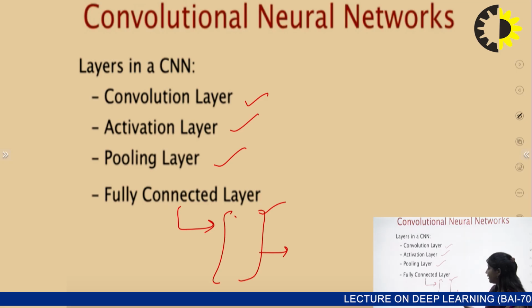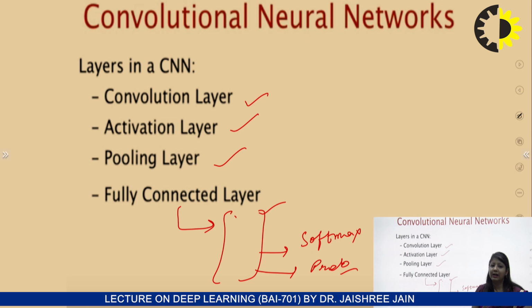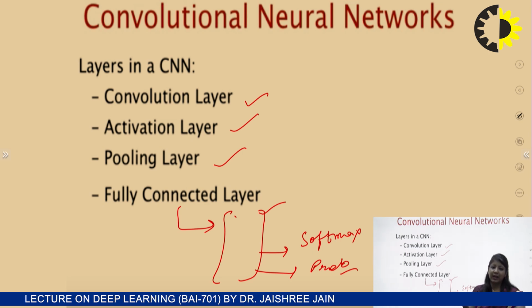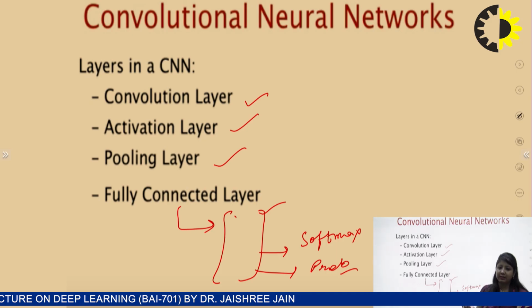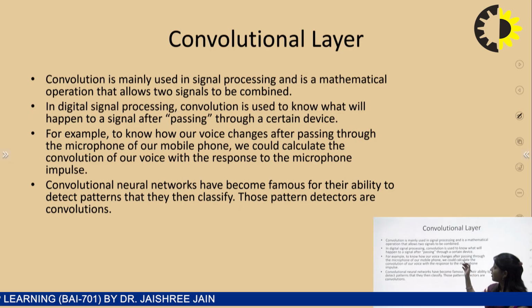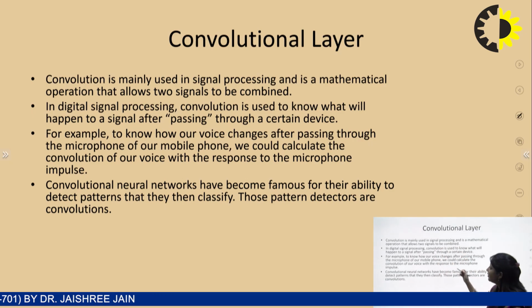After that we apply an activation function like softmax, which converts these vectors into probabilities, so we can predict the probability that the image belongs to a cat, a dog, or any other image. This is the architecture, and as I already told, it is used for image classification.